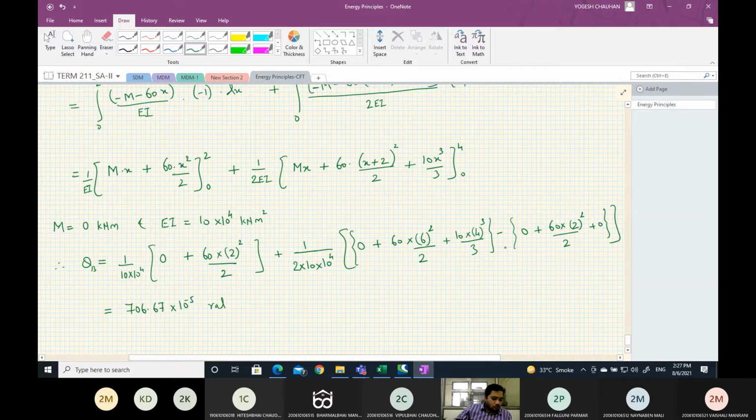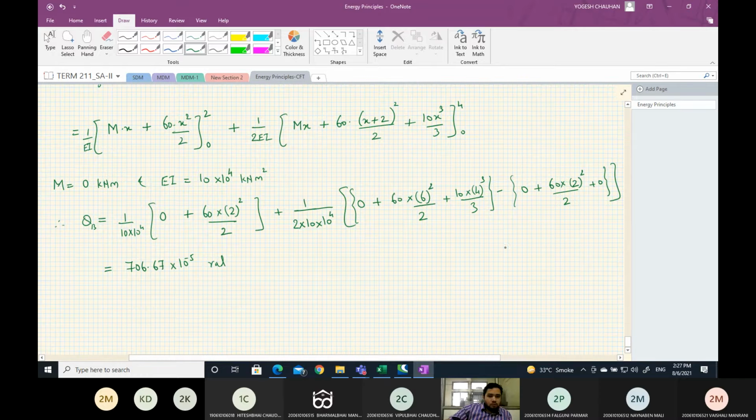So we can write theta b is equals to 0.00707 radian, and the value here is positive, that means it is acting in clockwise direction.